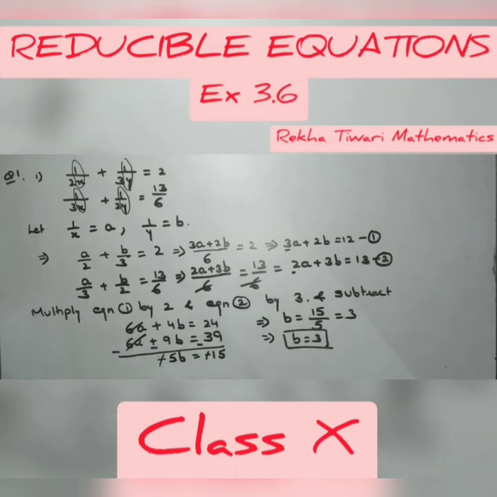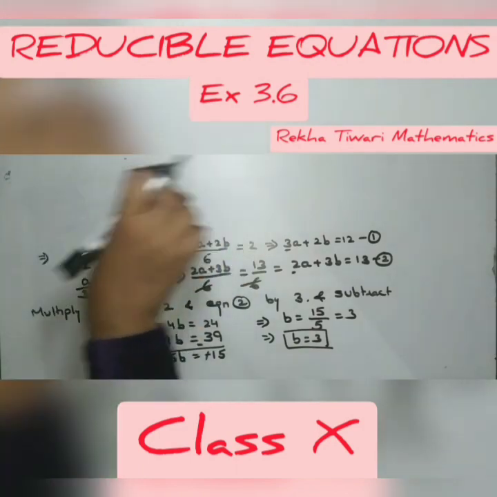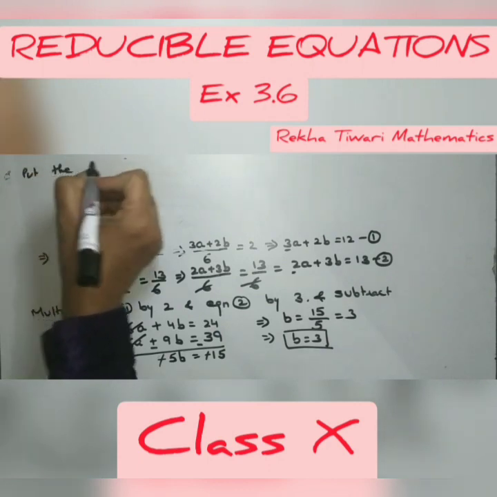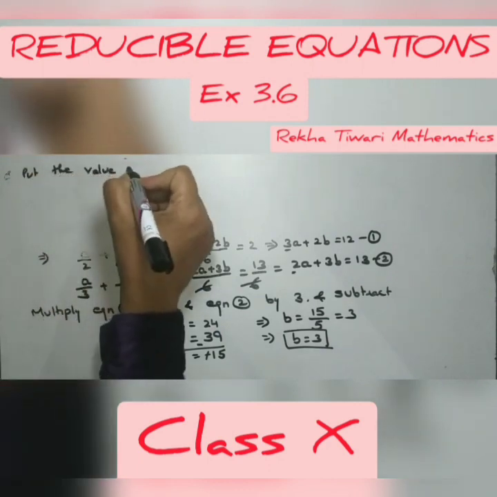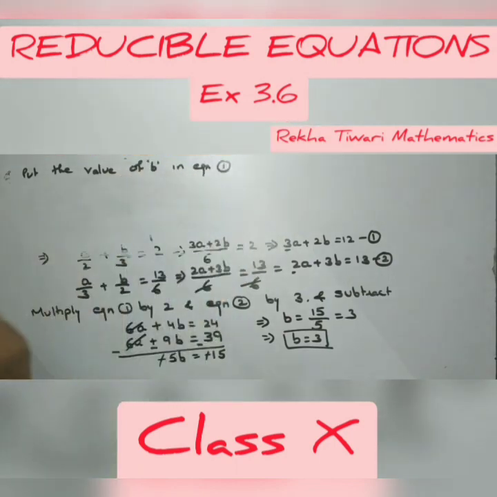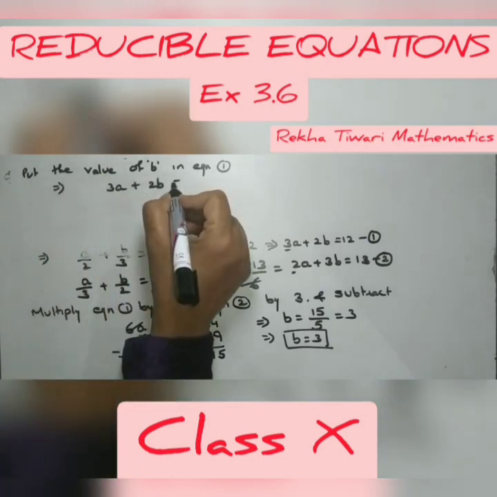Now how to get a? To find out the value of a, what you have to do, you have to substitute the value of b in either of the equation, either in equation 1 or in equation 2. So put the value of b in equation number 1, which states 3a plus 2b is equal to 12.